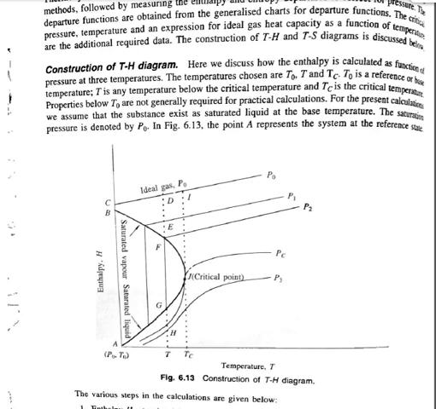T0 is the reference temperature, T is any temperature, and Tc is the critical temperature. T0 is the reference temperature that we consider as the basis.